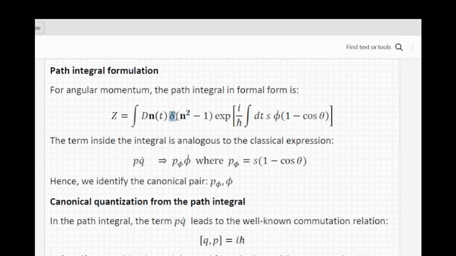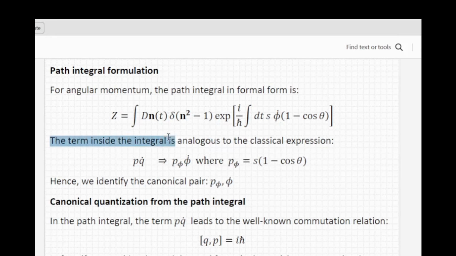So we can put a Dirac delta inside the path integral, and then we can indicate the path integral like this. The path integral is performed over the vector n(t). So we are imposing the condition that n is unitary, and then we have a Lagrangian of this kind here. So that should be a little bit intuitive, hopefully.